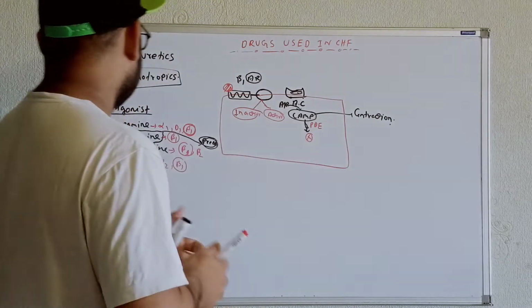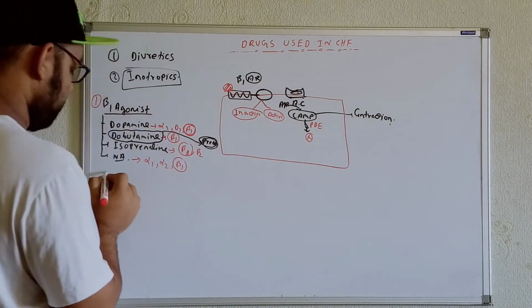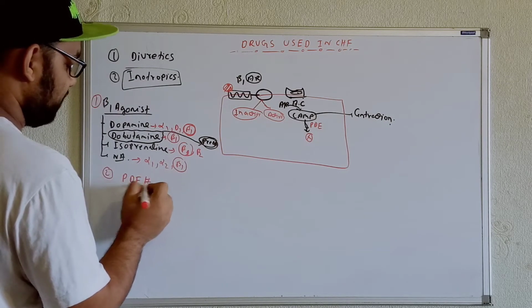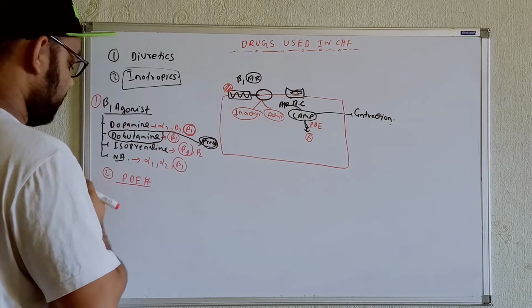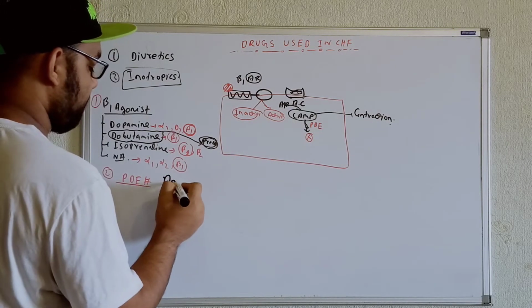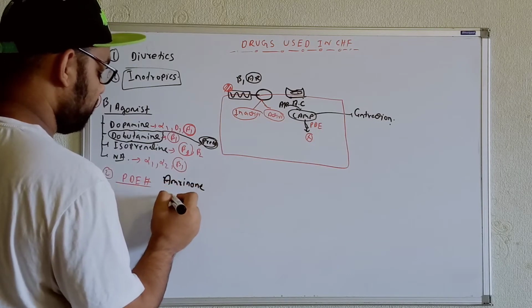So the next group of drugs after the beta agonists is the phosphodiesterase inhibitors. In this group we get drugs known as amrinone, and also milrinone.